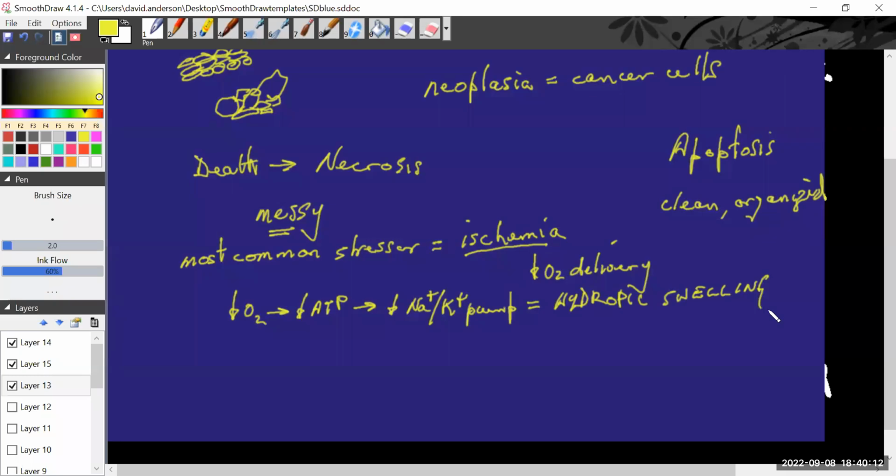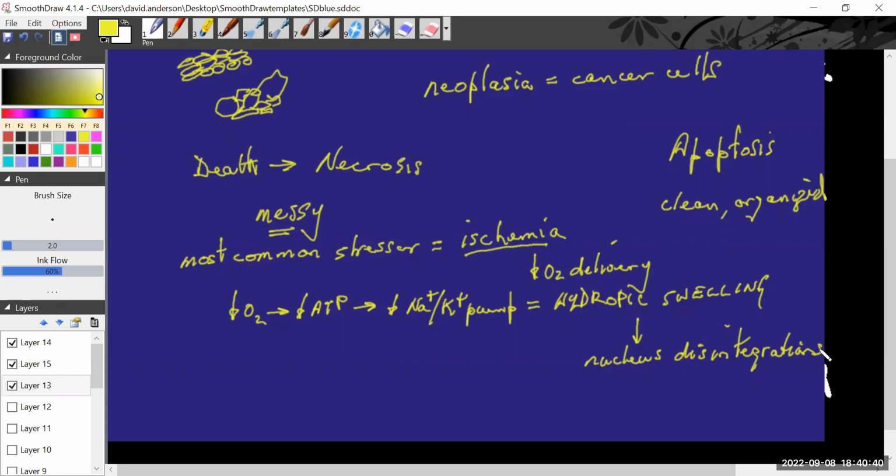And if the hydropic swelling is allowed to progress, that's going to give us destruction of the internal structures of that cell. The nucleus is going to disintegrate. It's going to release its contents into the cytoplasm of the cell.